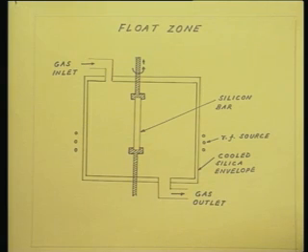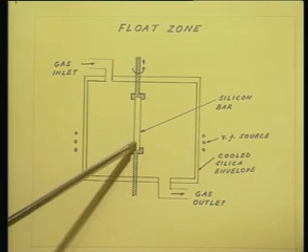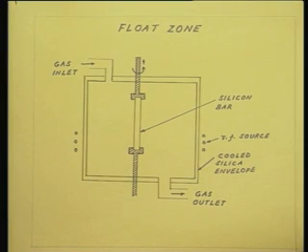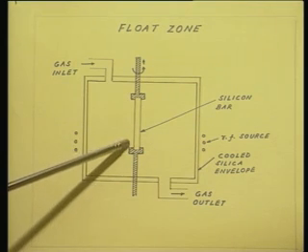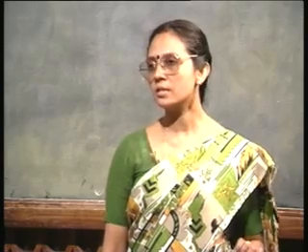So, the heating starts from the seed end of the silicon bar. A small region about 1.5 centimeter in length is first molten. Using this RF heater, a small portion of the silicon bar is molten, and this molten portion is in contact with the seed crystal, so that the tip of the seed crystal is just molten.